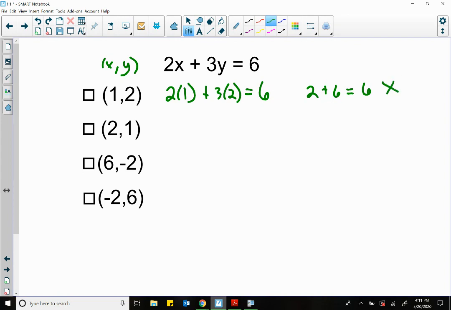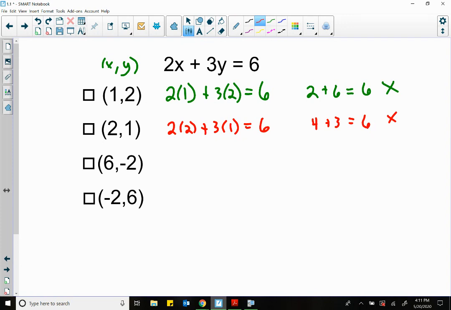Well, let's do the next one. So we're going to do 2 times 2 plus 3 times 1. All right, 2 times 2 is 4. 3 times 1 is 3. Is that 6? Nope. So now the choice is down to one of these two.